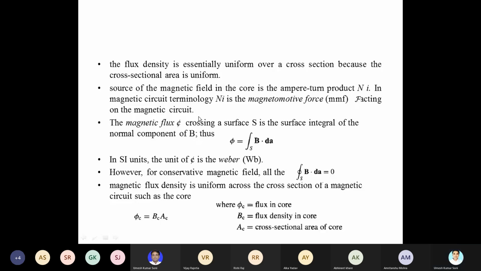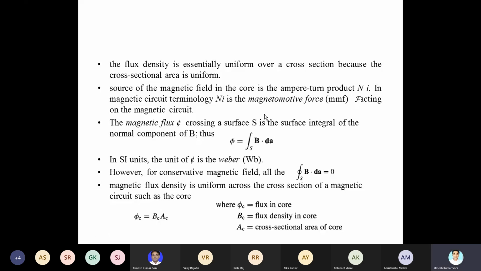The total number of turns in the coil is N, and the current from the external source is I, so the overall MMF set up by the magnetic circuit is NI.